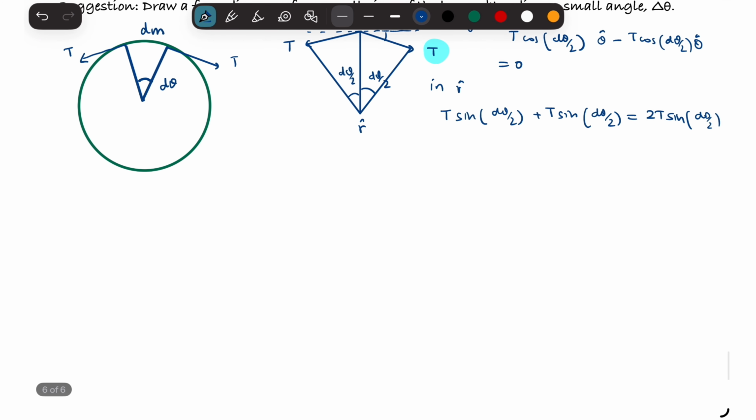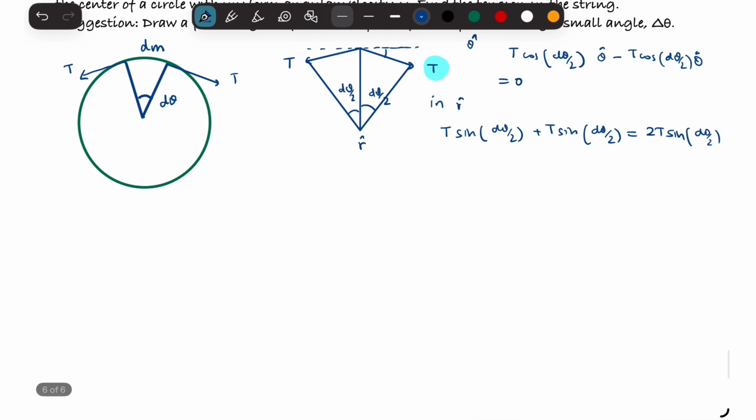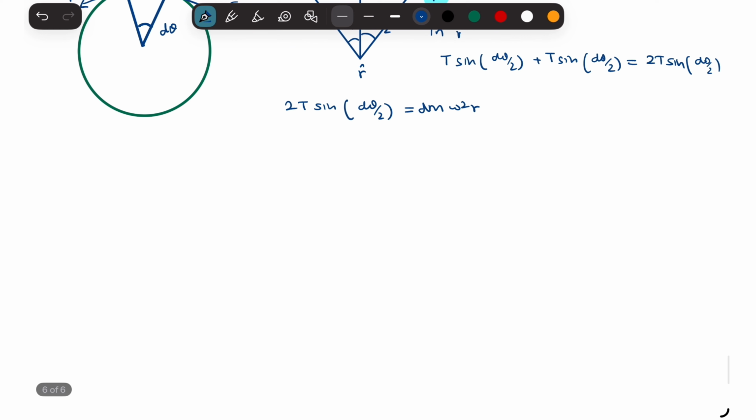Great. Now if we equate this to the centripetal force, 2T sin d theta by 2 is equal to dm omega squared r. Sin d theta by 2 equals d theta by 2.